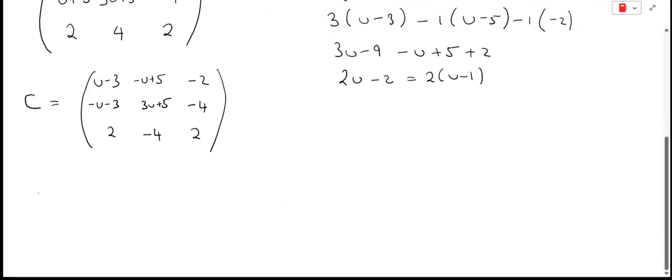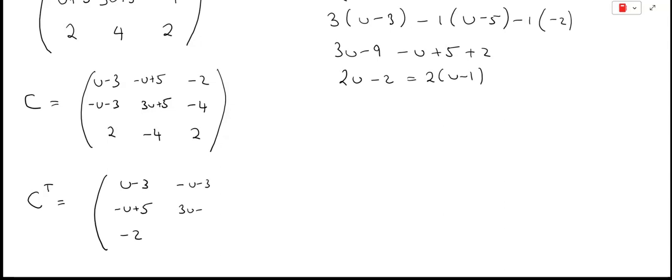Then once we've done cofactors, we need to transpose our cofactors. When we transpose our cofactors, we write the top row as the first column, we write the middle row as the middle column, and we write the last row as the last column.